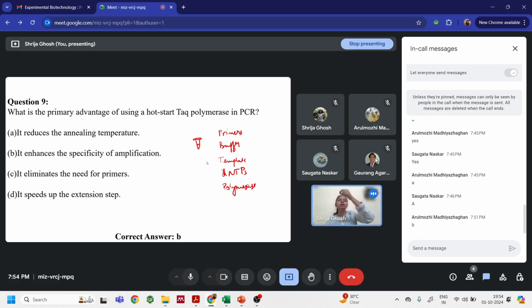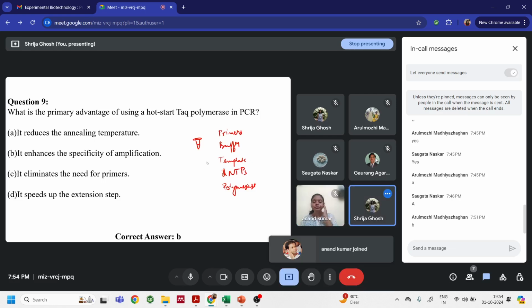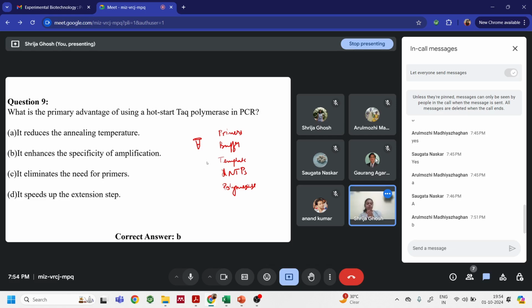Otherwise, we add everything, keep the vial in the thermocycler, close it, and start our program. The thermocycler will gradually increase and reach 95 degrees Celsius for the denaturation step.